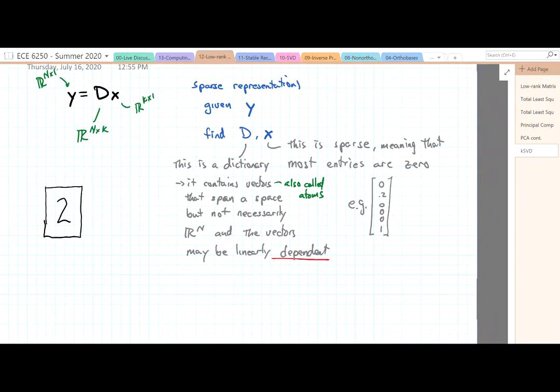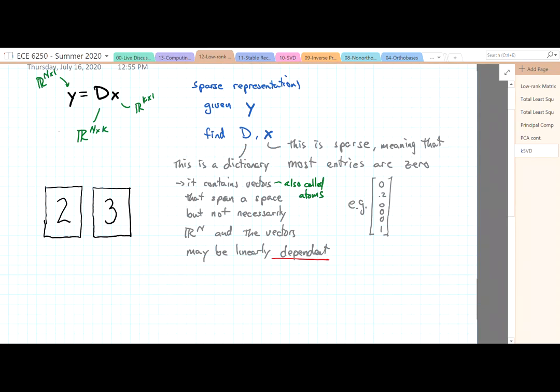So let's say we had a data set that had a lot of different numbers in it, like this, handwritten digits. And we wanted to represent these using some sparse representation, as we're talking about.